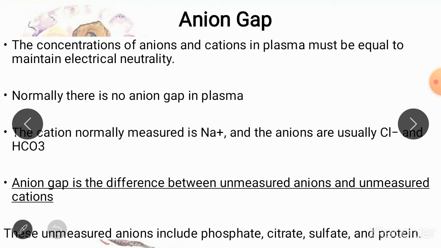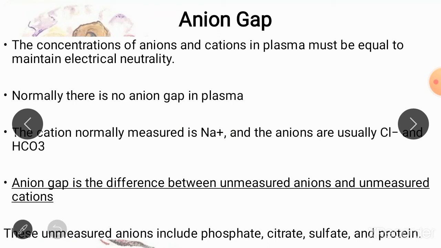We can say that the major cation present in your plasma is sodium. On the other hand, the anions which we usually measure in plasma are chloride and bicarb ions.